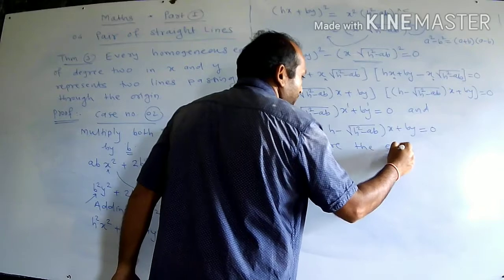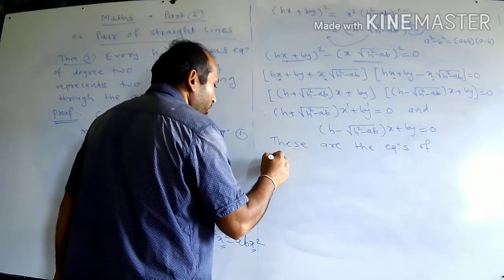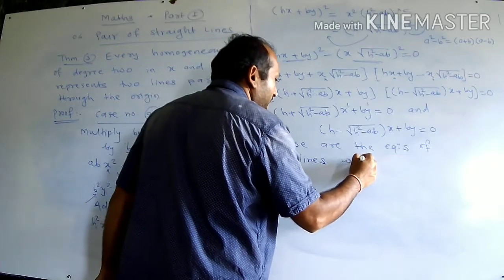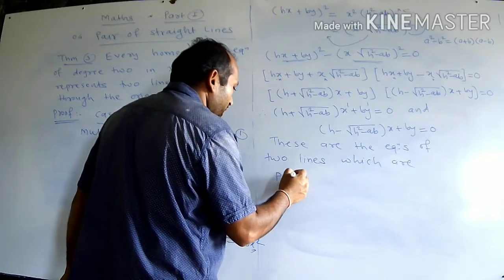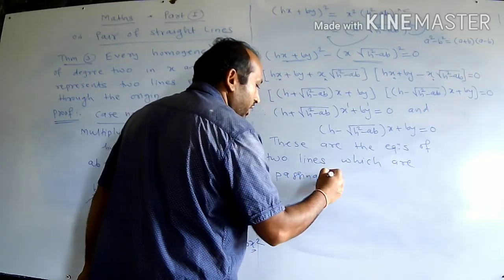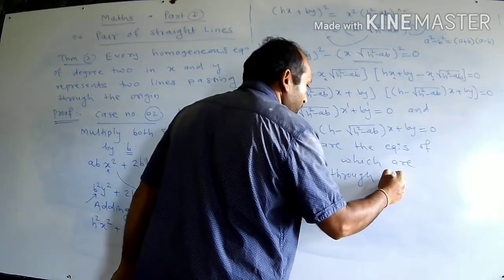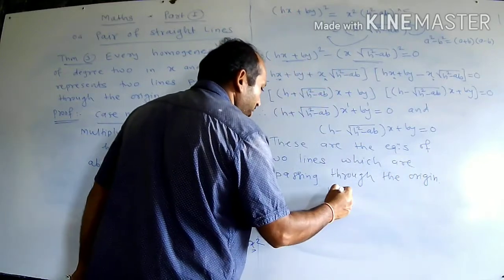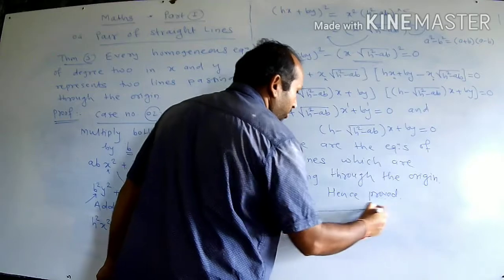So these are the equations of two lines which are passing through the origin, and here this is the required result, hence proved.